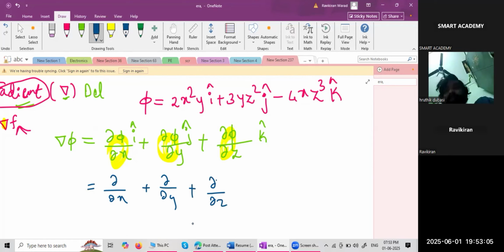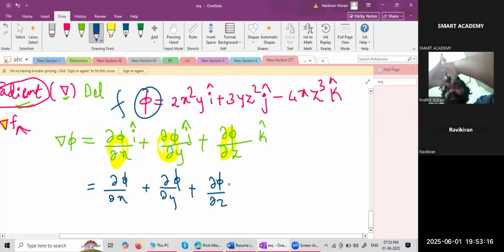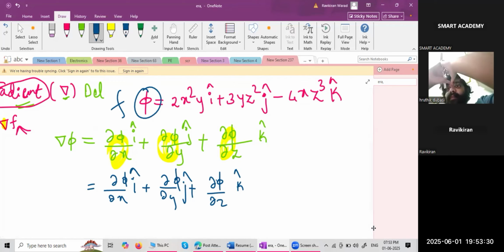Just remember these three. If phi is given, you write phi everywhere; if f is given, you substitute f. But the unit vectors i cap, j cap, k cap are mandatory.